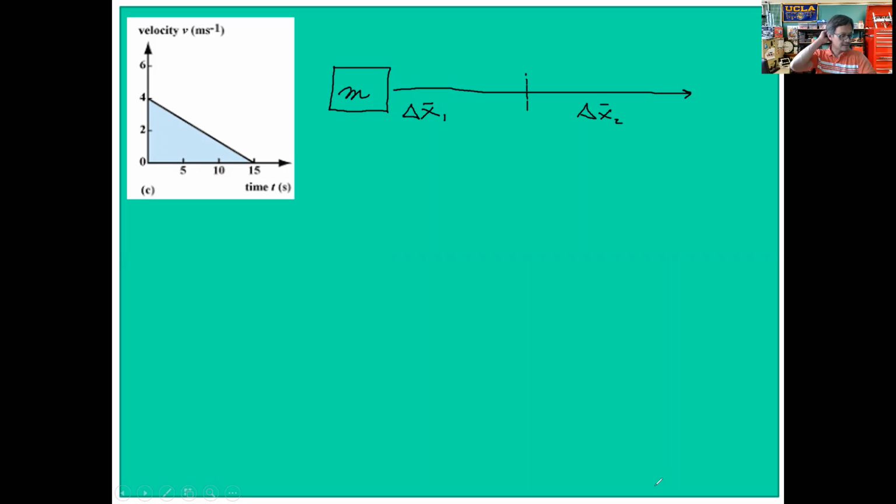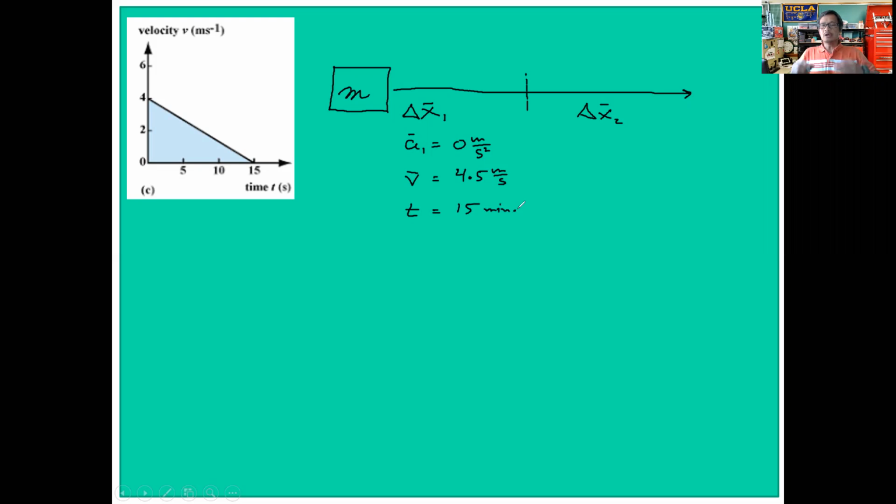With that said, in this first part of his motion, the first displacement, his acceleration was 0. He had no acceleration, which means his velocity was constant. The velocity we were told is 4.5 meters per second, and he underwent this motion for 15 minutes.